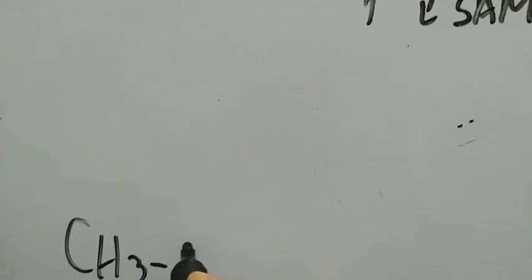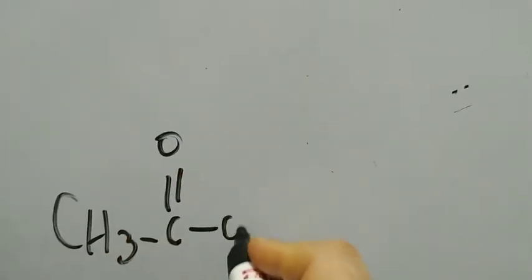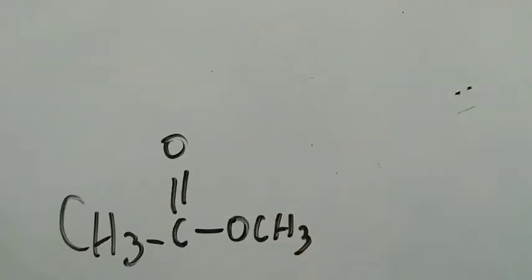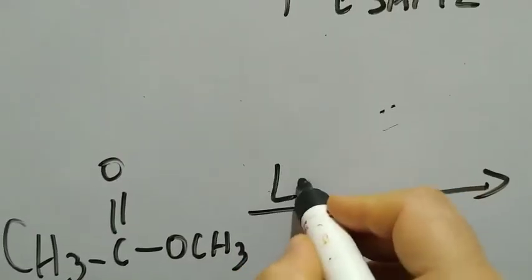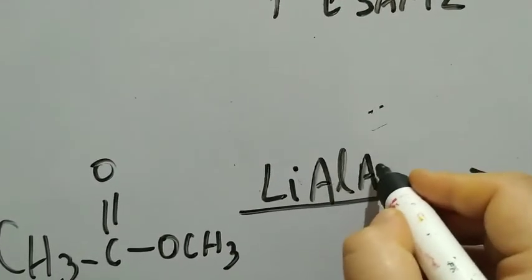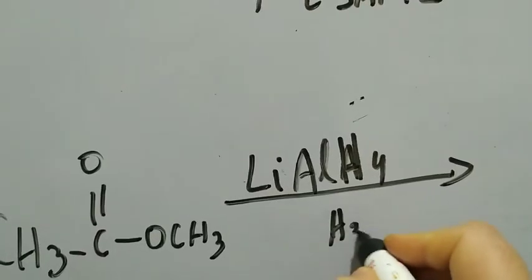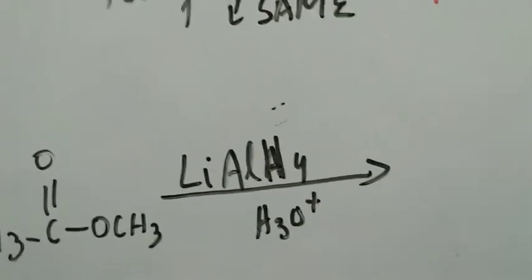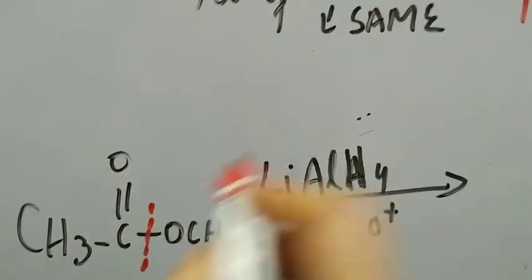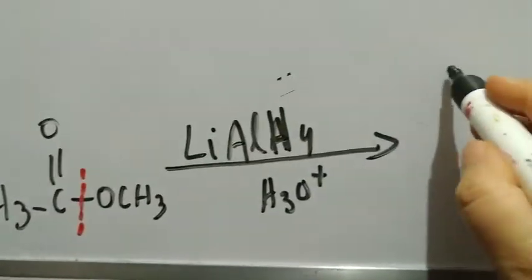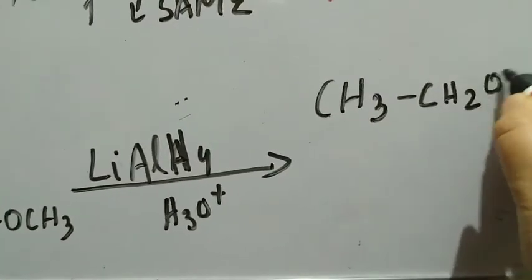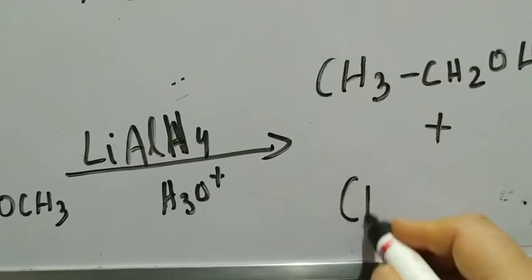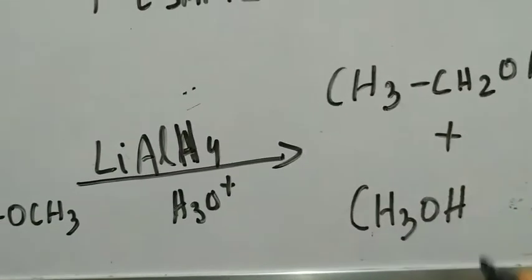As far as esters are concerned, let's take an ester like this: CH3 C double bond O OCH3. It can very well be C2H5. It can be different from this or it can be similar. We will do the reduction using lithium aluminium hydride in acidic medium. What we get is, as I said, cleavage takes place here, and we have a mixture of alcohols, one being CH3CH2OH, another being CH3OH, right?